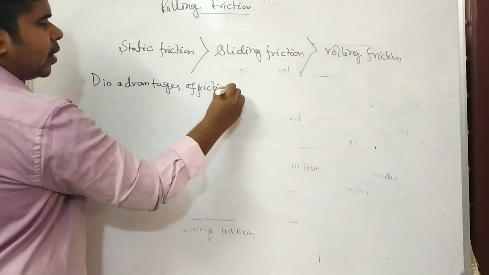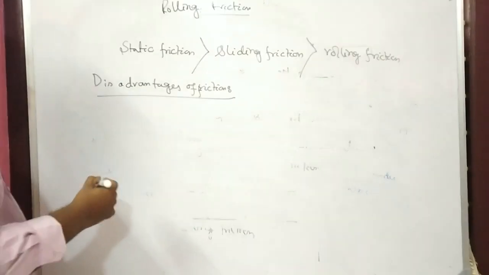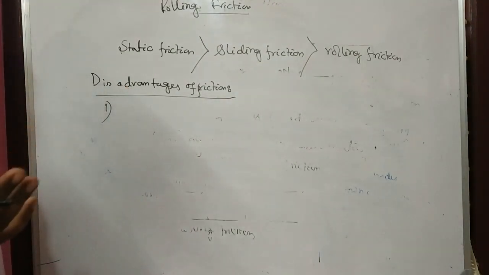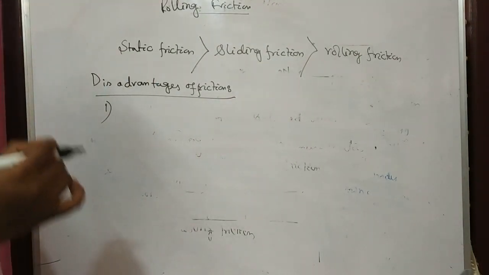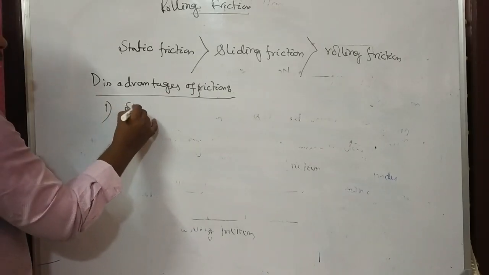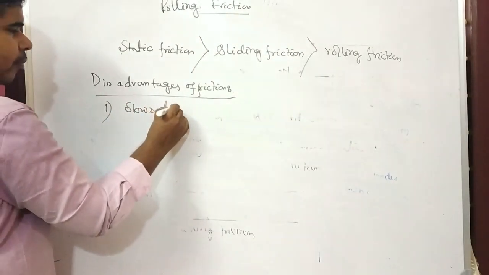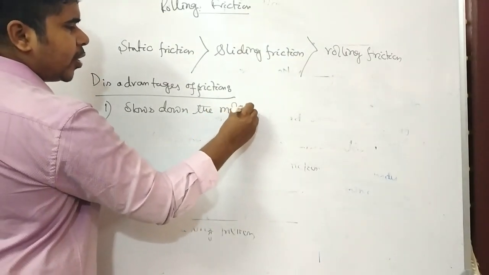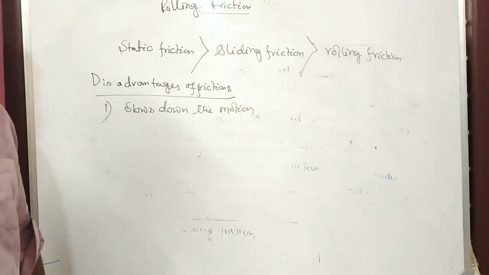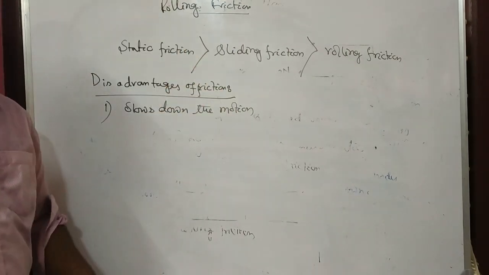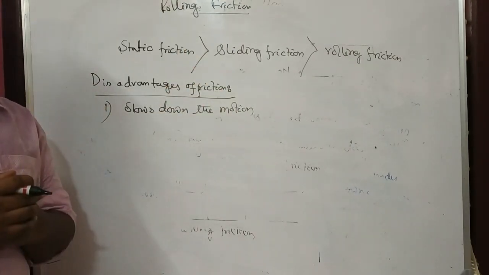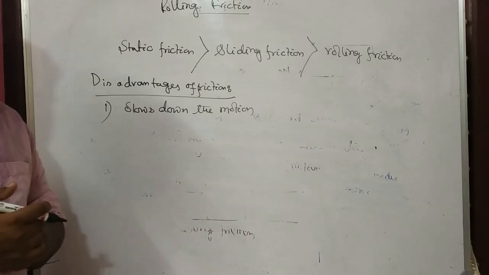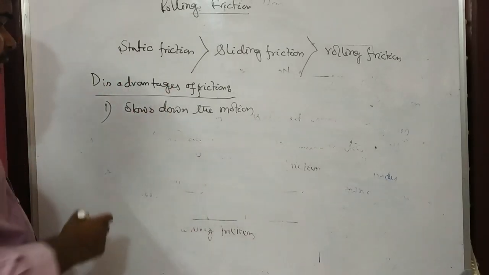Many disadvantages are there. Number one, the effect of friction we have read earlier: it slows down the motion. If I want to move fast, friction tries to slow it down. So it is not good for motion, and we can say it is a disadvantage.